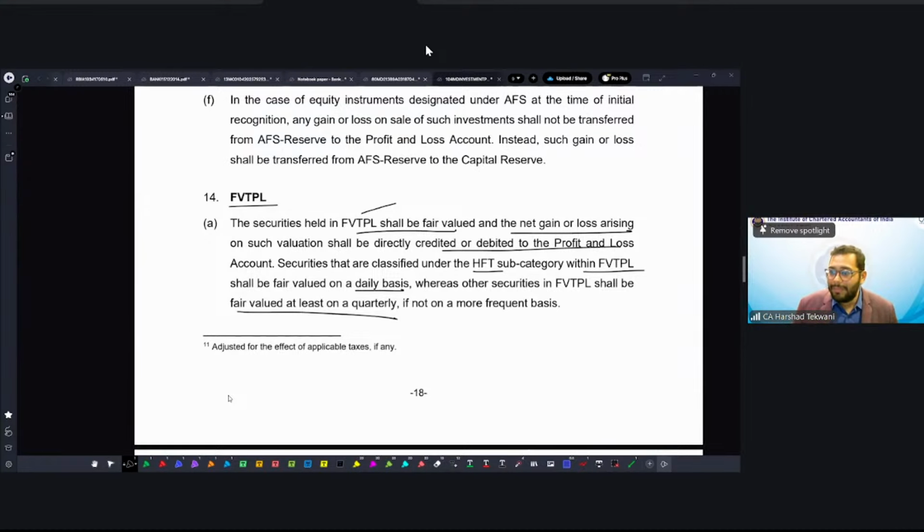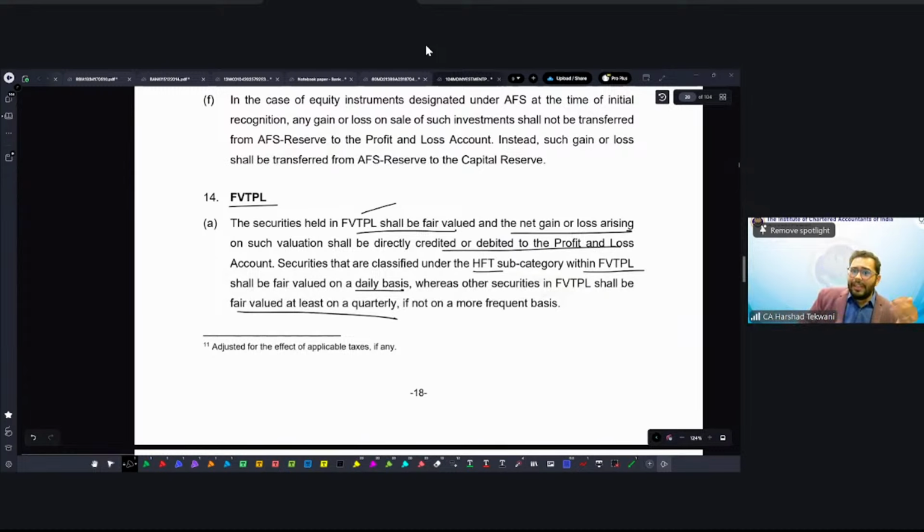So at least quarterly you should fair value them, and held for trading on a daily basis. This is how we are required to value the investments for a particular bank. And whatever gain or loss is arising, we are required to book into the P&L account and into the relevant accounts which are given.